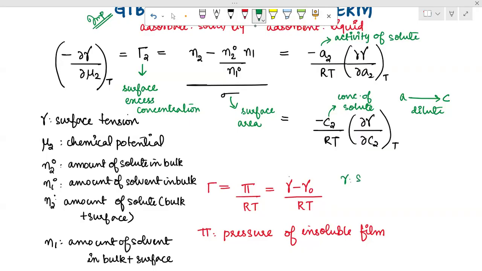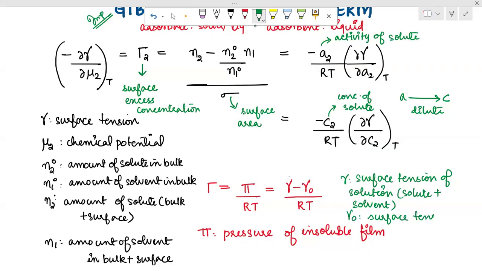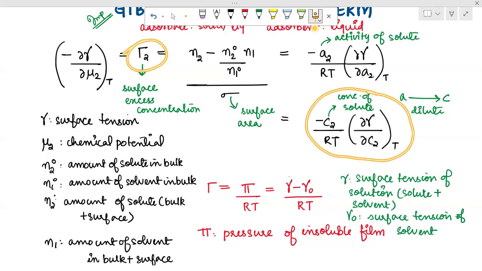Gamma is the surface tension of solution, meaning solute plus solvent. While gamma naught is the surface tension of solvent only. Okay, so out of which this is the most important equation to find the surface excess.